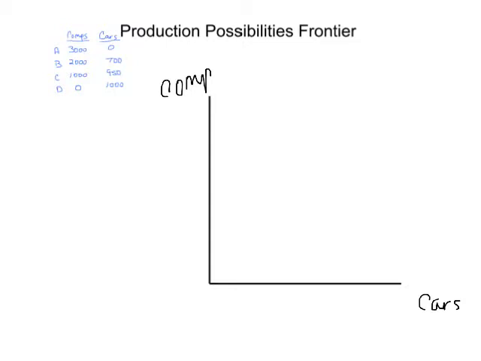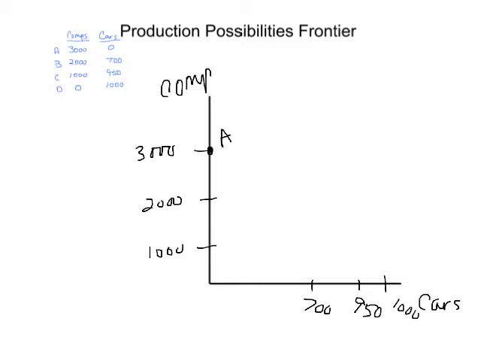And point A is going to be, let's see, 1, 2, 3. And then cars goes up to 1,000. So point A is going to be right here. Label that point A. That's 3,000 computers and 0 cars.